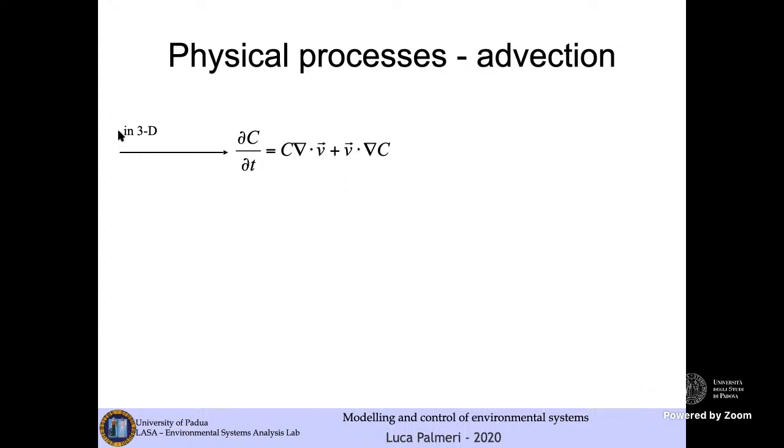Note that we are in 3 dimensions here, so this is a 3-dimensional vector, plus the scalar product of the speed, vectorial speed, times the gradient in concentration.